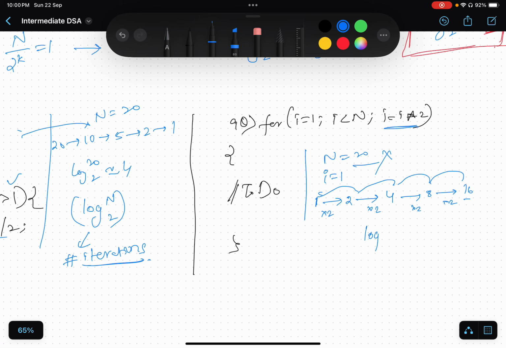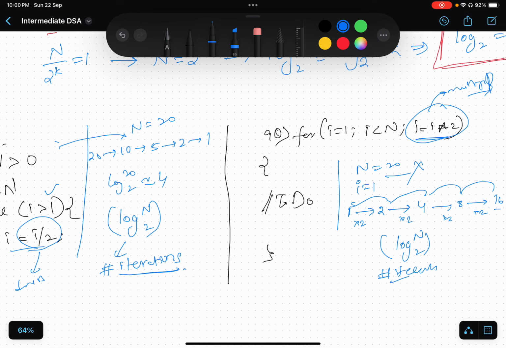One more shortcut. If you have iterations in the form of division, or your iteration is getting multiplied, you can see if there are any log n iterations happening. That's a possibility.